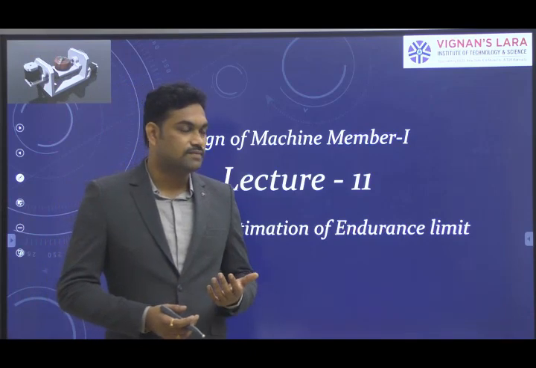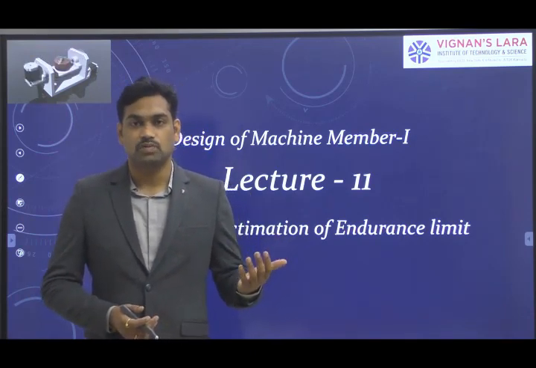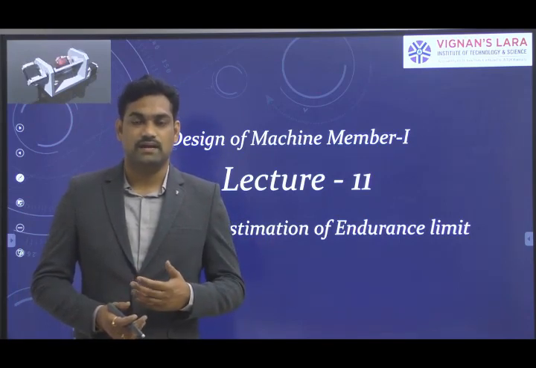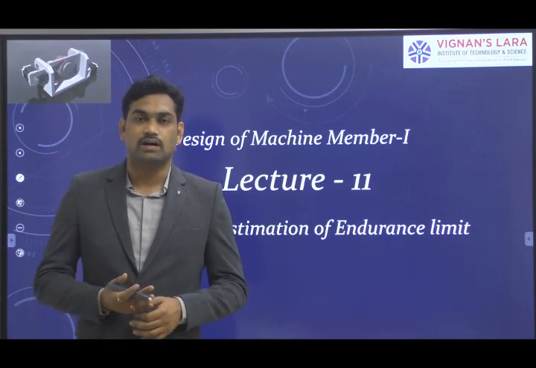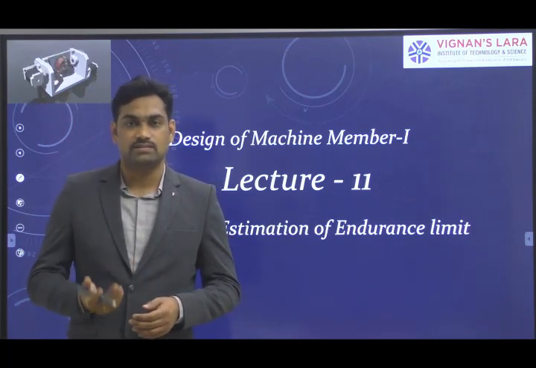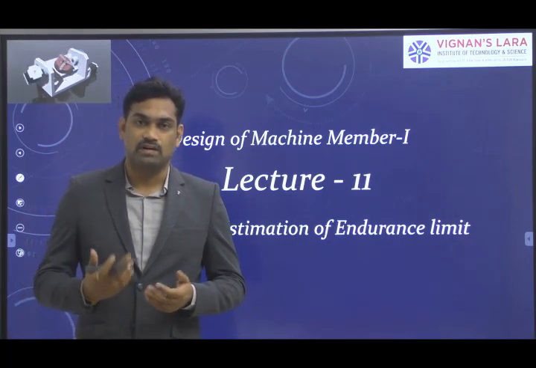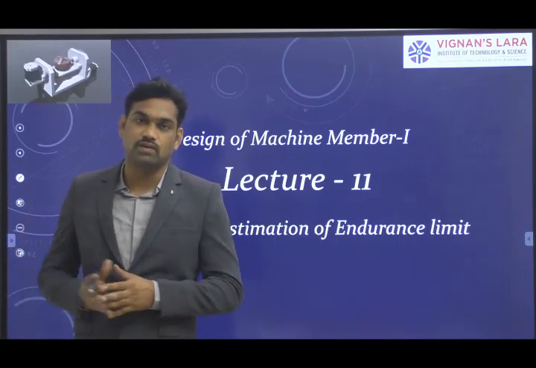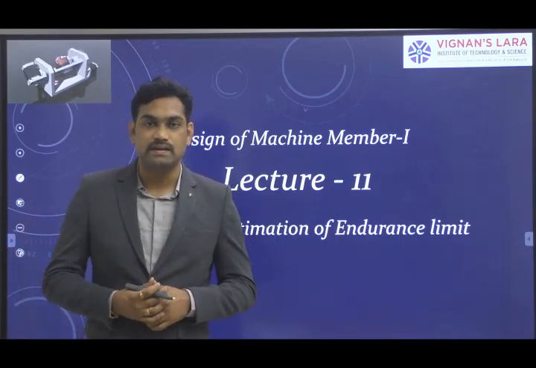As stated in the earlier class, endurance strength, unlike tensile strength, is not a standard property. It can vary based on different factors like size factor, surface finish, and loading conditions. So, in order to suit the actual working of the component, the endurance limit is reduced by applying derating factors.